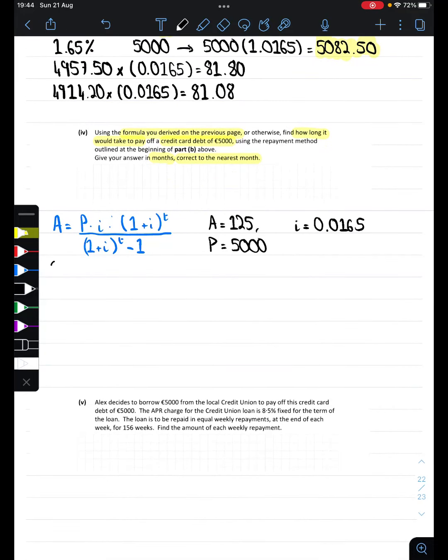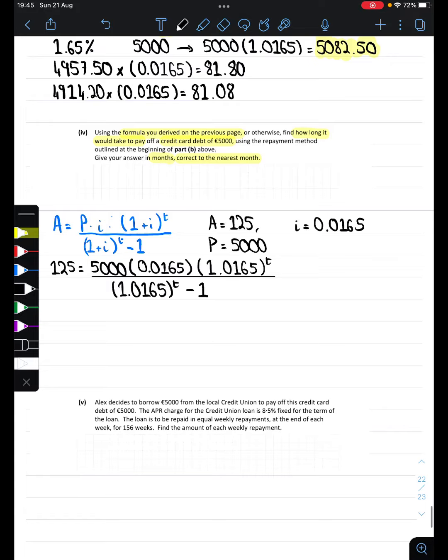So if we plug these into our formula, 125 equals 5,000 by our interest rate, 0.0165, times 1.0165 to the power of T, all over 1.0165 to the power of T minus 1.